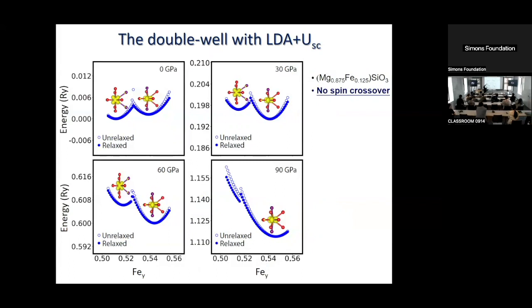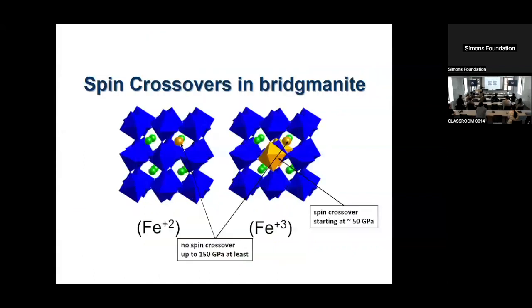And there is this other state here, displaced along the y-axis. That is the XY orbital that's occupied. So there is a change in the orbital occupancy in the t2g manifold of the minority electron as you increase pressure. So this is it.